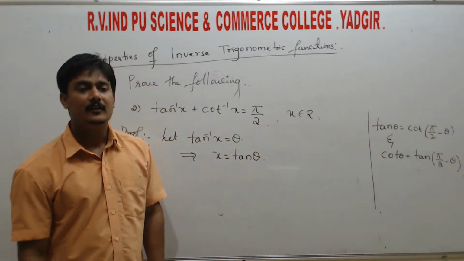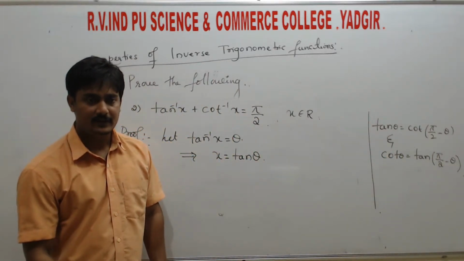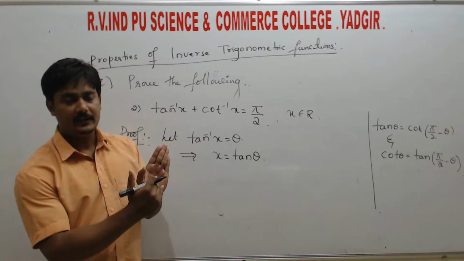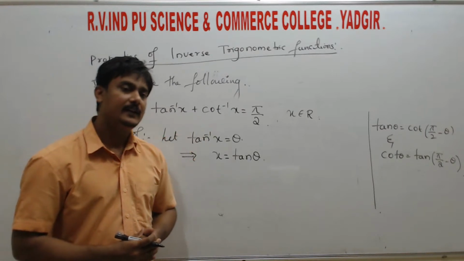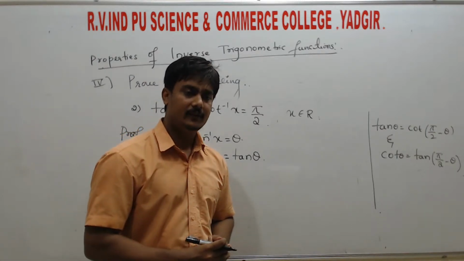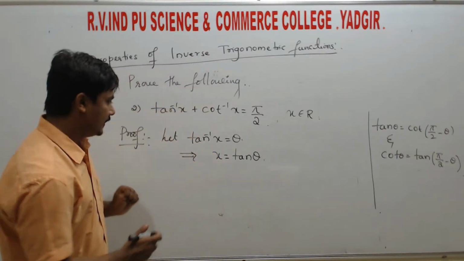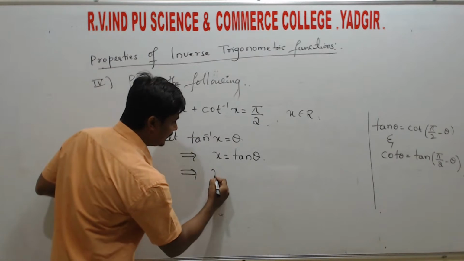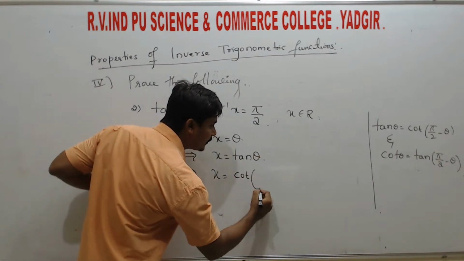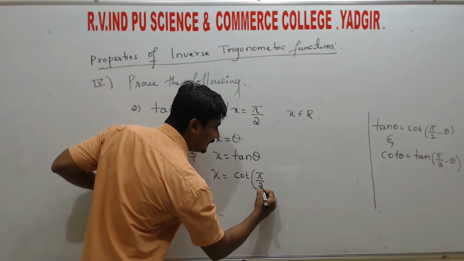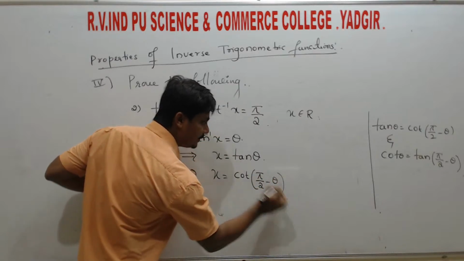Tan theta and cot theta are co-functions of one another. So now x equal to this tan theta, I will write it as cot of 90 minus theta.